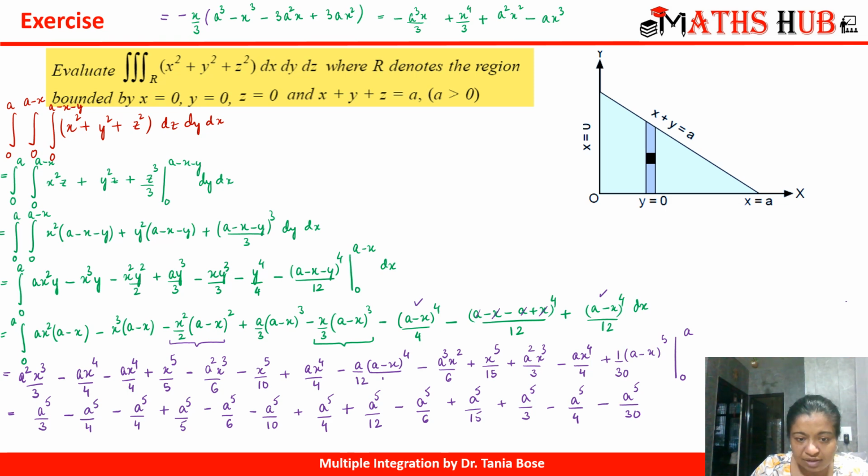You can see a to the power 5 by 4 is getting cancelled with this term. Okay, let us search for some other terms if they are getting cancelled. A to the power 5 by 5 is not getting cancelled. Okay, so here you can see that we have 2a to the power 5 by 4. So that will become a to the power 5 by 2.